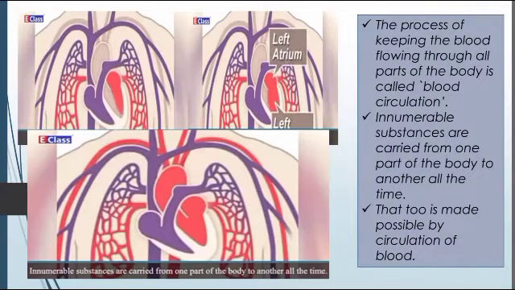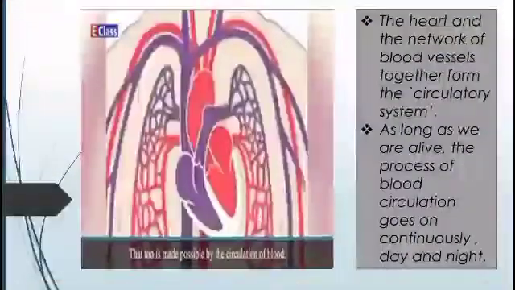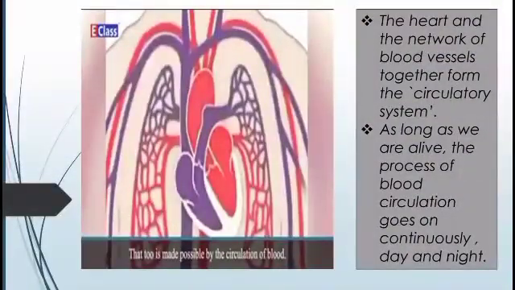Innumerable substances are carried from one part of the body to another part at the same time, and this too is made possible with the help of the circulation of blood. That means blood circulation helps to carry out different tasks in the body internally. The heart and the network of blood vessels together form the circulatory system.